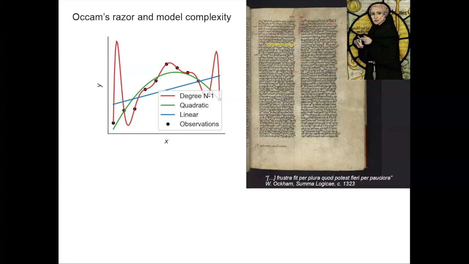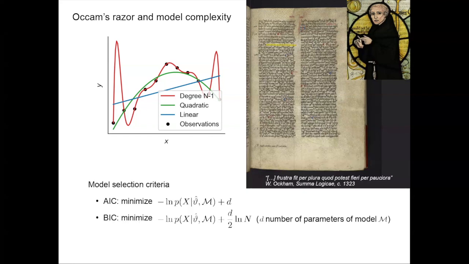Just to give you a couple of examples that you may be familiar with, when you're thinking of model selection criteria that you may be using when you're trying to analyze some empirical data, such as the Akaike information criterion or the Bayesian information criterion, essentially what these criteria say is that if you have multiple statistical models for a set of data, you have to compare them based on a figure of merit, which is composed by one term here, which is essentially a log likelihood, which captures a degree of goodness of fit, so how closely your model kind of hugs the data.